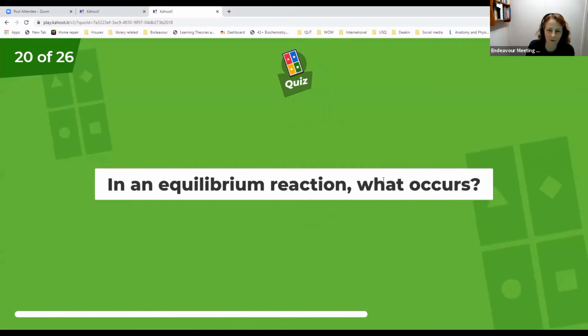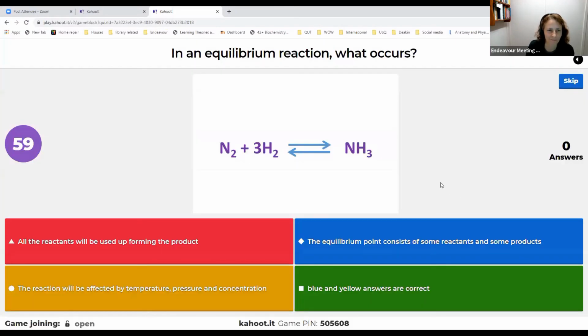In an equilibrium reaction, what occurs? So here's our equilibrium reaction. So which of these statements is correct?